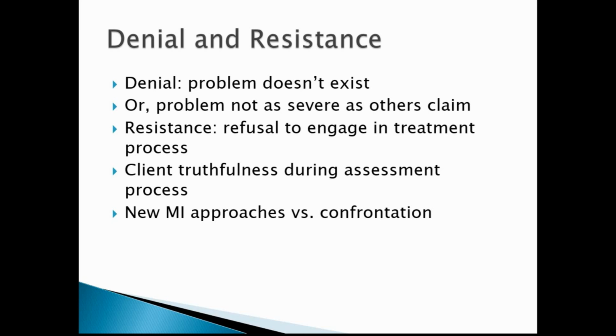The other thing that resistance and denial does, and we saw this a little bit in the case study with Hope, is it really inhibits the client's truthfulness during the assessment process. Why would a client who doesn't think they have a problem, doesn't want to be in treatment, thinks it's a big waste of time, feels like people are nagging them, come in and tell us all the gory details? So in the case study, Hope tells us one story and says, yeah, I made one bad move, and why am I being nailed to the wall for this?